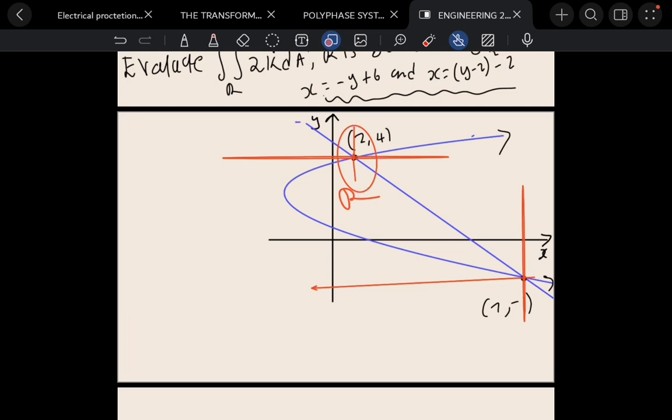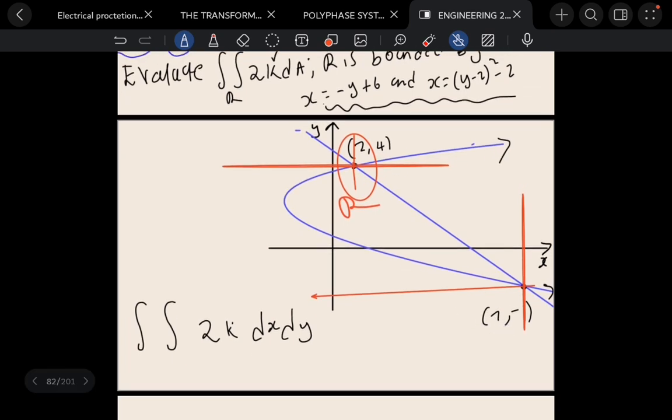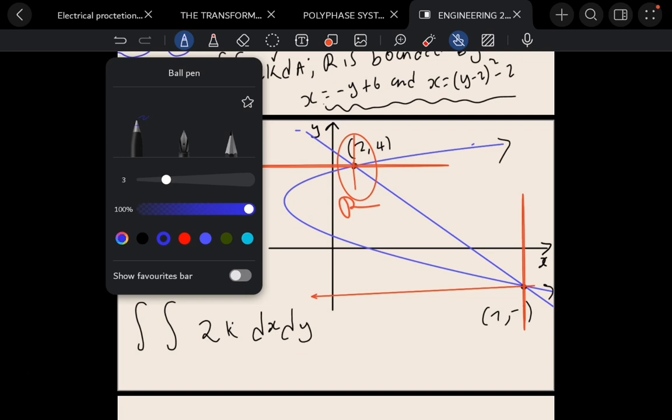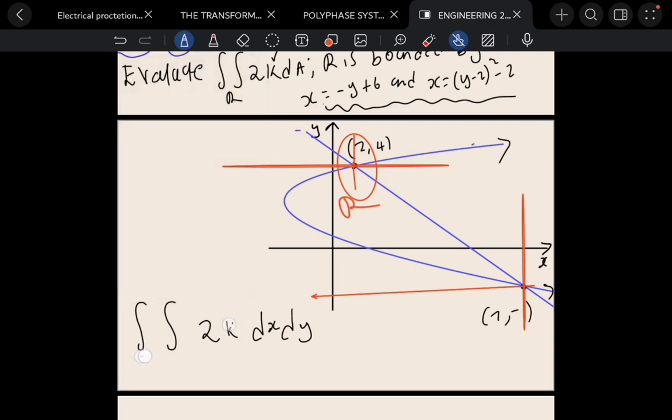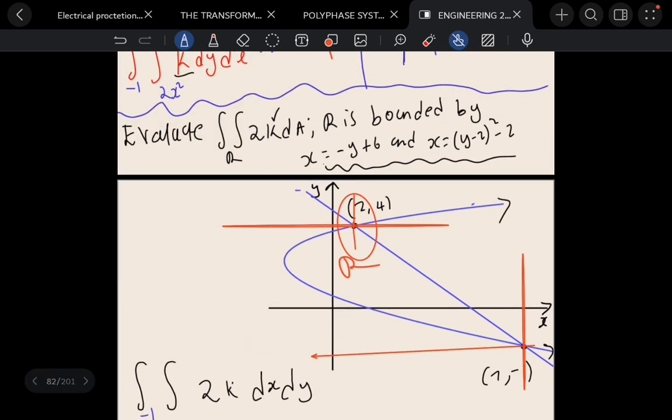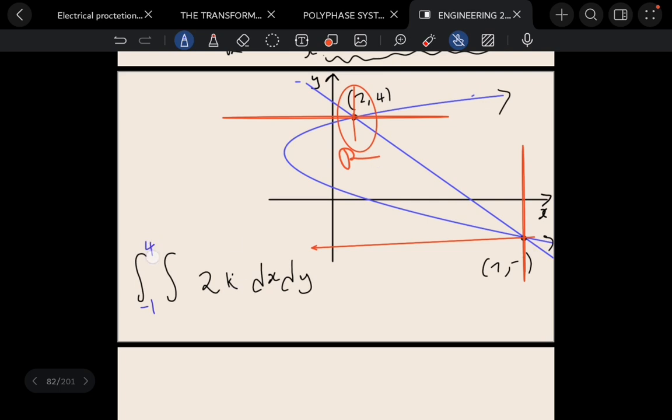It means that for a double integral of 2k, I am no longer going to end with dx, because there was a vertical line there, so I'm going to end with dy dx. Now your minimum value of y is -1, and your maximum value of y is 4.